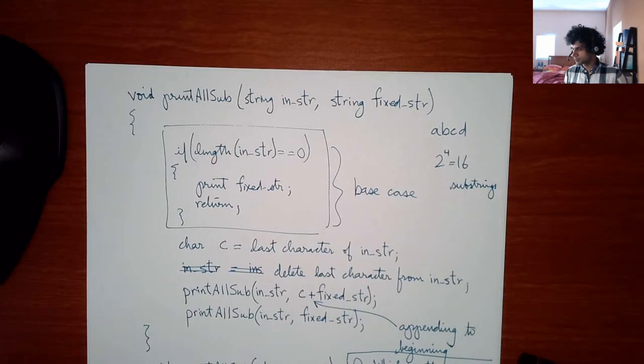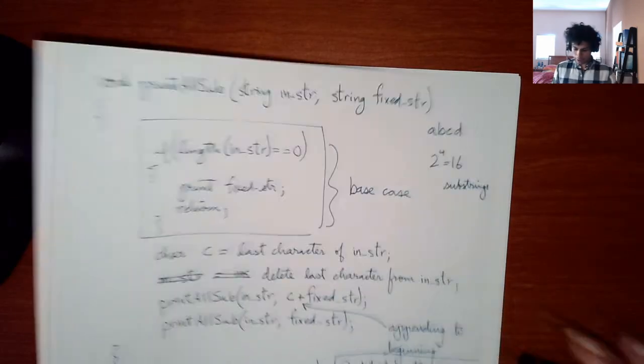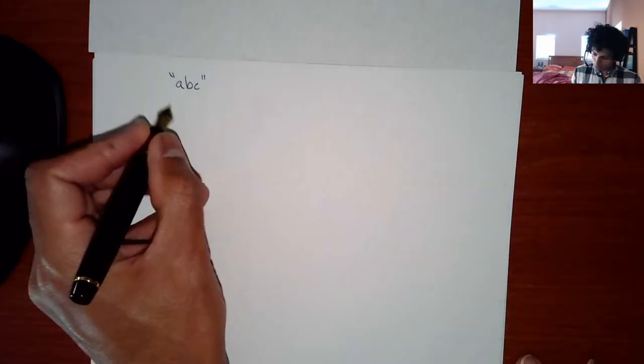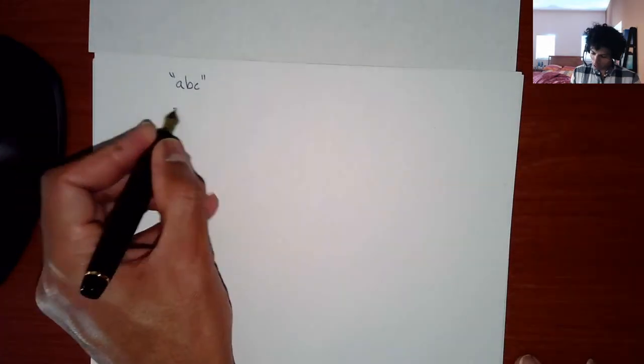Professor, do we have time to do an example with maybe a really short string? Unfortunately, well, okay, maybe we'll do a short example. So let's look at the string ABC. Let's look at the first call.